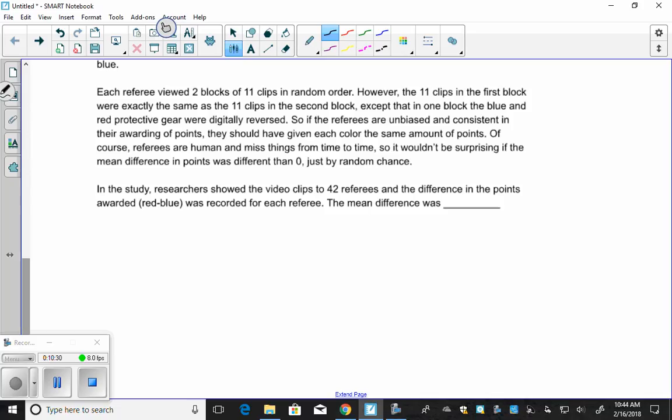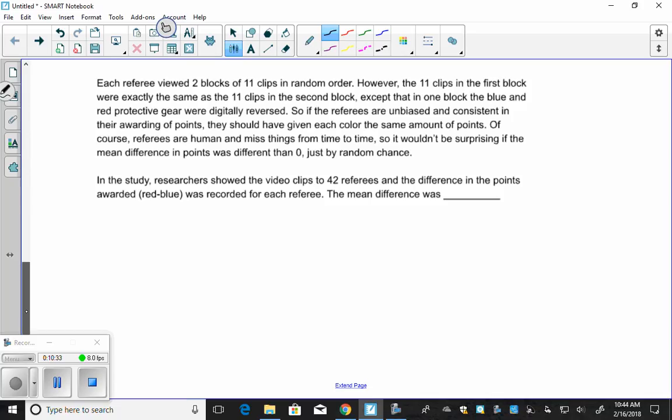Fact. Okay? So in the study, researchers showed the video clips to 42 referees and recorded the difference in the points rewarded. They did red minus blue, because red was supposed to be better. That's what they were trying to see.